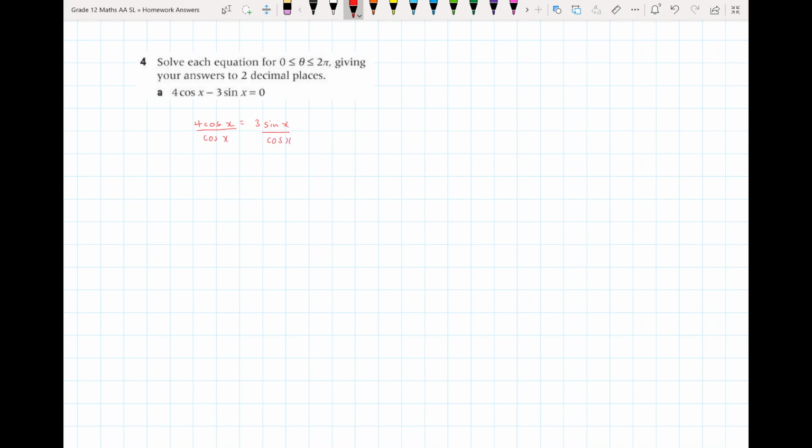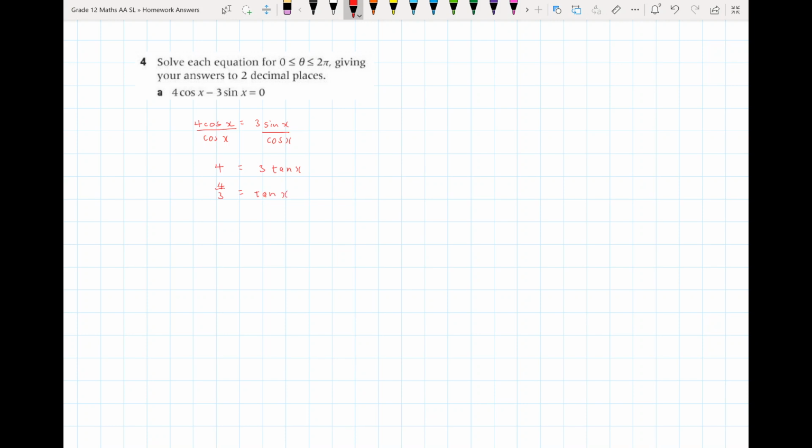You could divide by sine x or cosine x, but because tangent has cosine on the bottom, you probably want to divide by cosine. So this simplifies to 4 equals 3 tan x. And then if I divide both sides by 3, I have now isolated tan x.